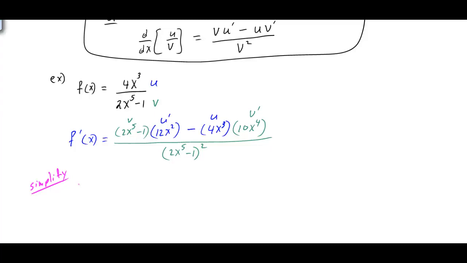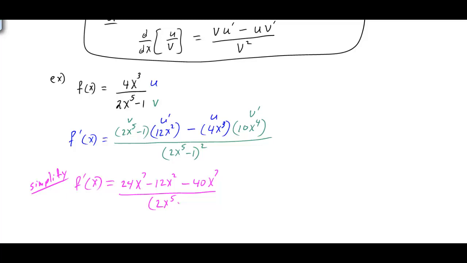And if we do that here, we could end up with, let's see, 12x squared, distribute that here, so we're going to end up with 24x to the seventh minus 12x squared, minus 40x to the seventh. And I'm just going to leave this over the denominator squared.